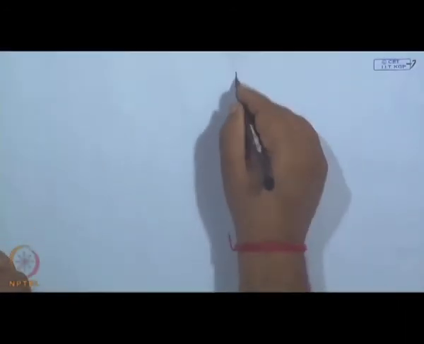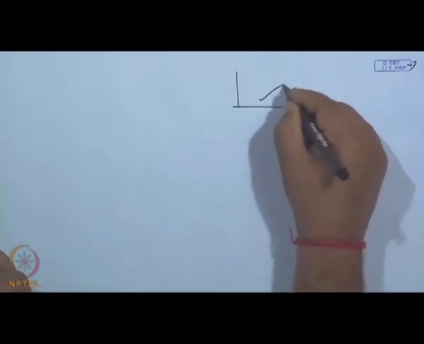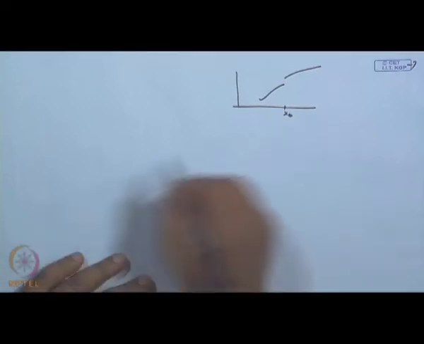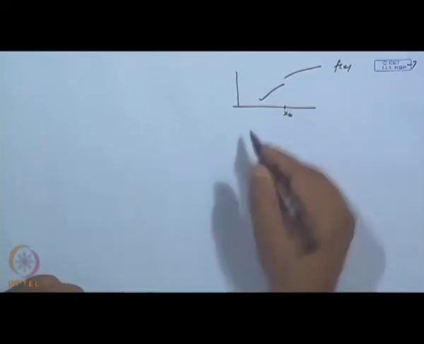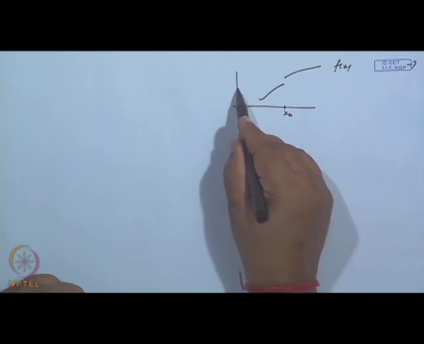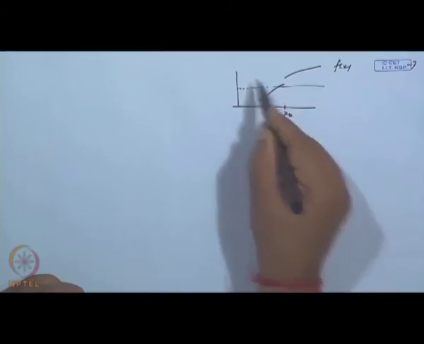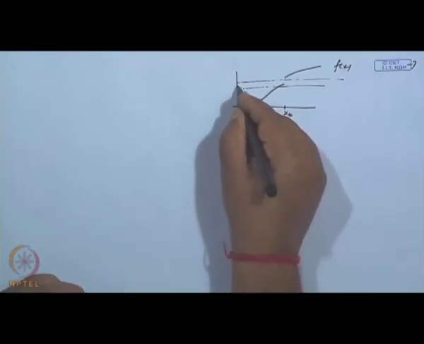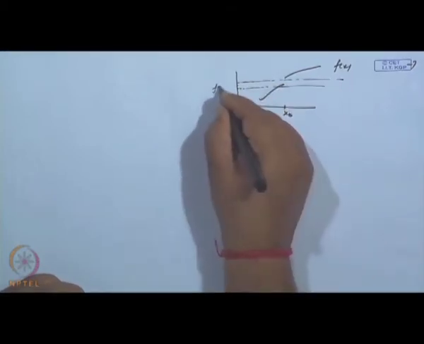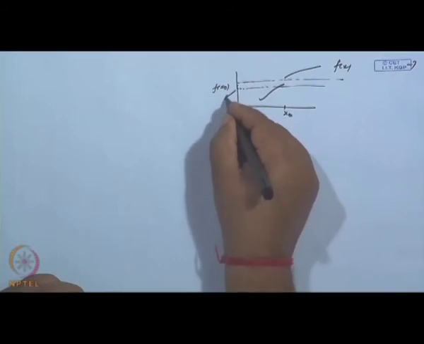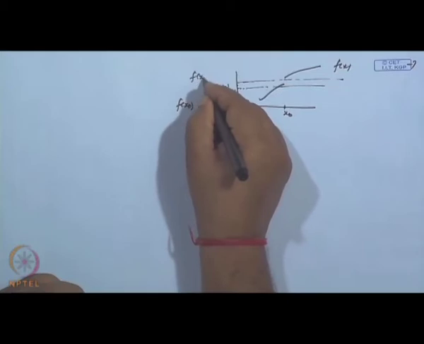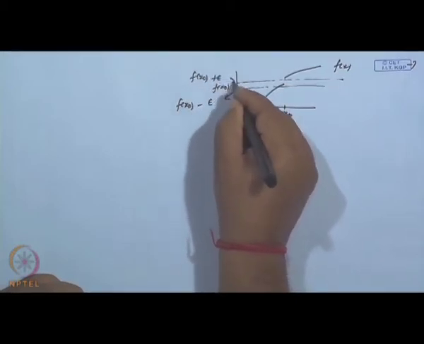For example, suppose I take this graph, point x naught is here, and the function f is this. With this given epsilon, this point is f(x naught), this point is f(x naught minus epsilon), and this point will be f(x naught plus epsilon).